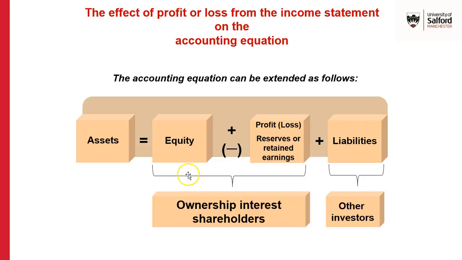This just makes the point that equity and profit, reserves or retained earnings, we've been talking about it in that way, that is the ownership interest of the shareholders, and the liabilities represents other investors. And that's the credit side of things, and this is the debit side, the assets.